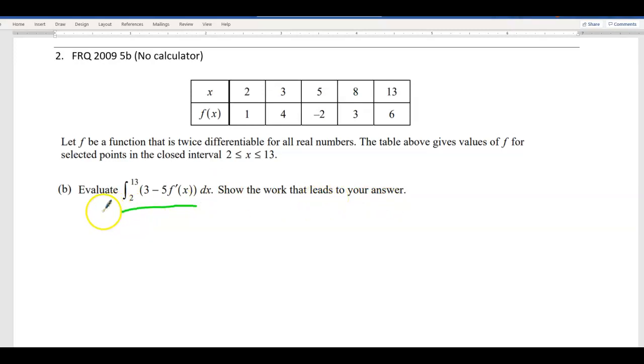So the first thing I'm going to do on this one is apply some properties of integrals. I'm going to distribute this integral in here to these separate pieces. And so that's going to look like this.